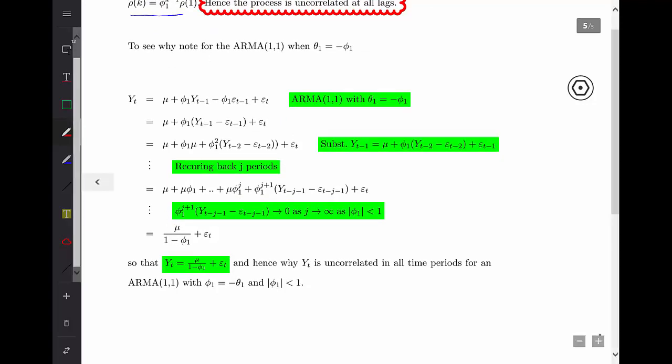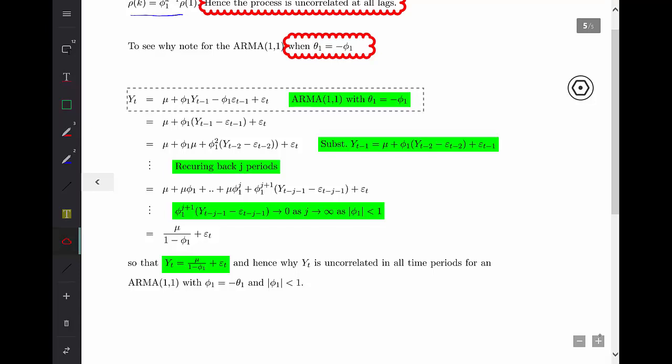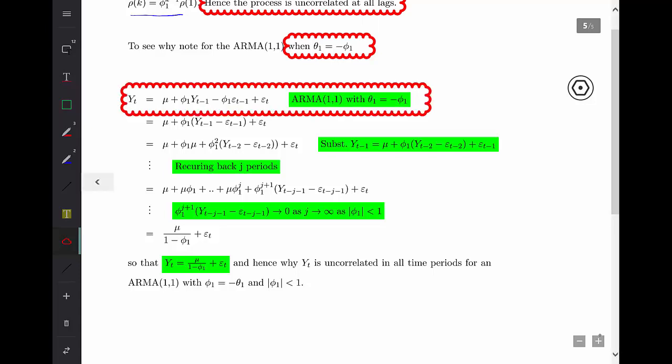Well, what happens under this restriction? Remember, the ARMA 11 simplifies when enforcing the restriction. Then we can just simplify down, because phi 1 is the coefficient on both, so it's simplified down to here. Then we can back substitute again.